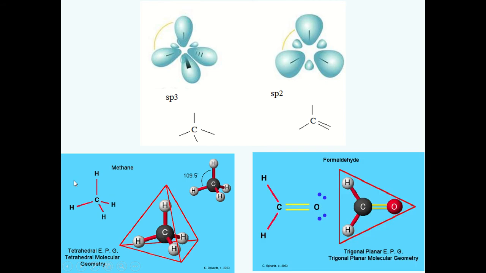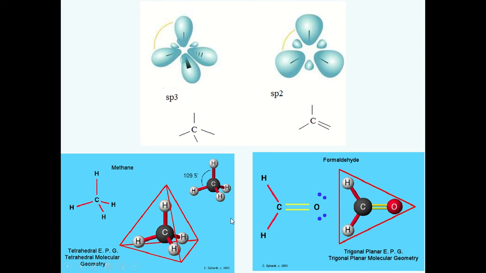The carbon which is forming a double covalent bond is trigonal planar. So as you can see here in the figure below, the geometry of these two carbon atoms is different. The bond angles are also different. In the case of tetrahedral geometry, that is single covalent bonds, the bond angles are 109.5 degrees.